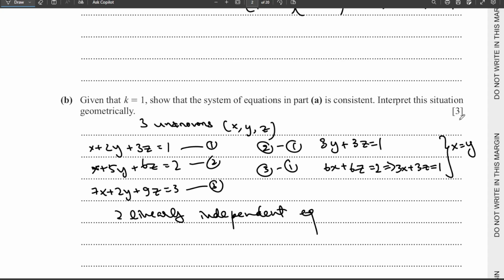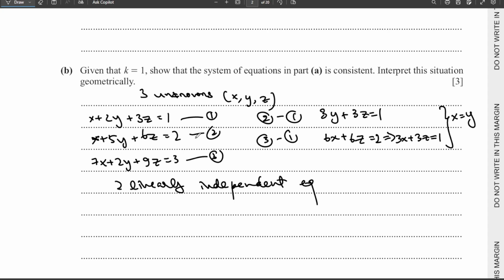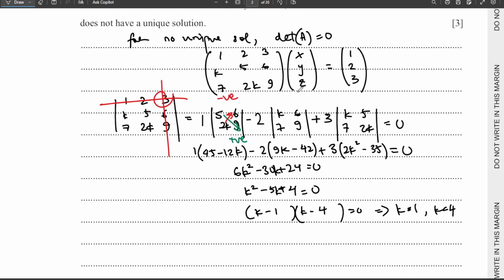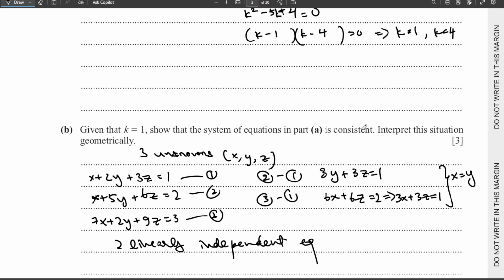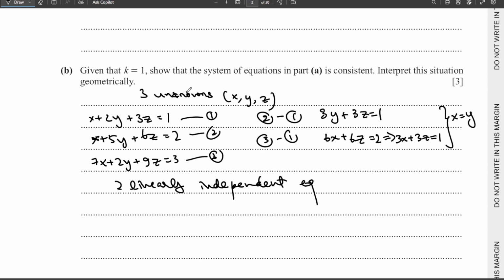Therefore, we have proven that there is a solution where x equals y, and we can use this information to solve back into the original equations, but this is still unspecified. There's still one degree of freedom that is left unknown. We call this an undetermined system of linear equations. So it is consistent, but it's undetermined, with a remaining degree of freedom.